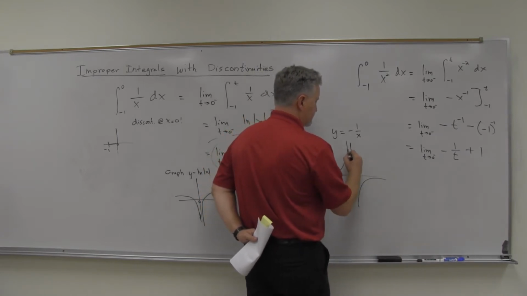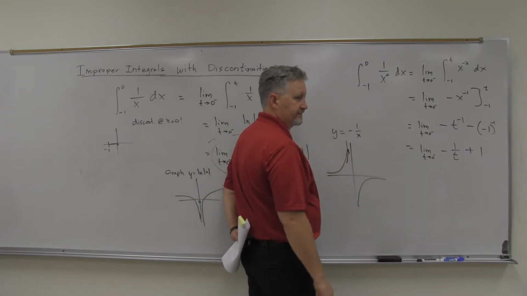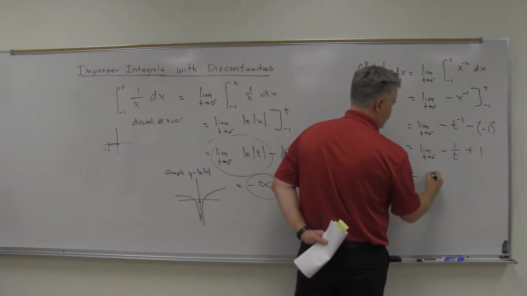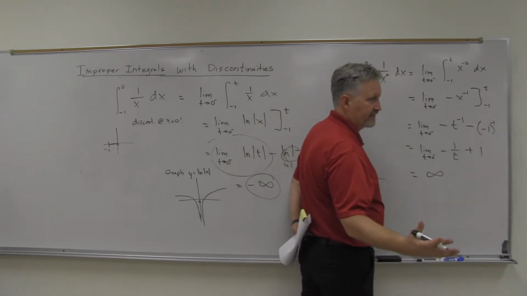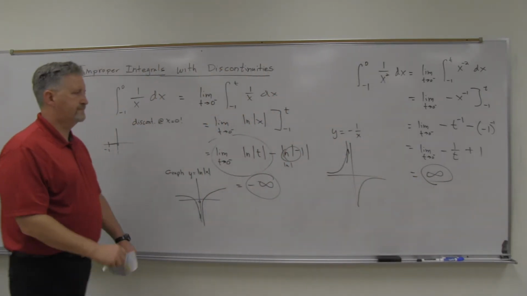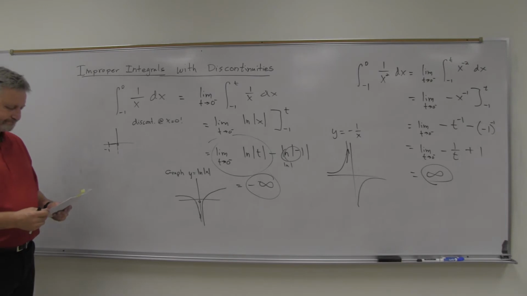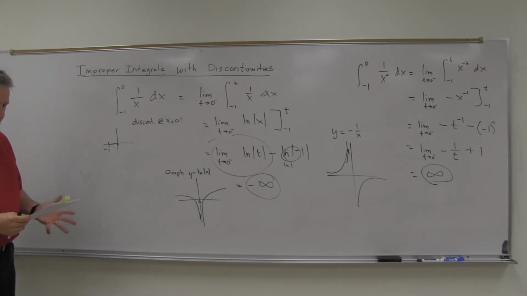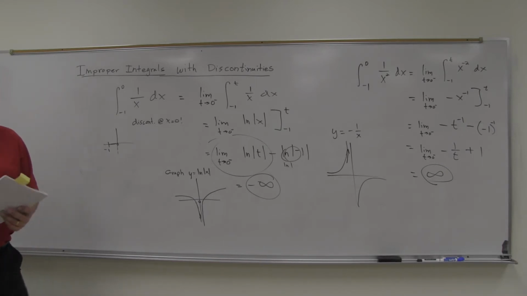So as we approach 0 from the left, it's going to positive infinity. Plus 1, that's not going to change the fact that it's going to infinity. Yep. Both of those are divergent. Question or concern? Okay.